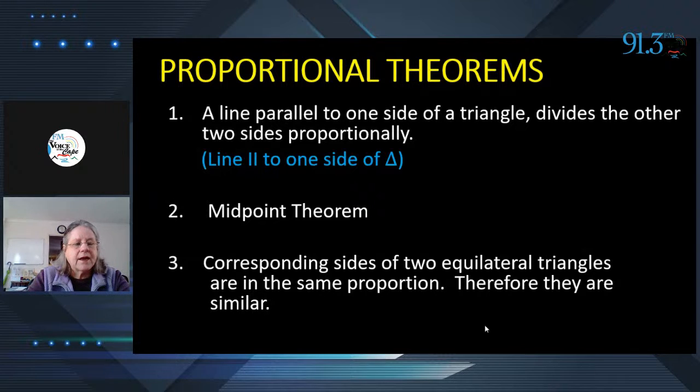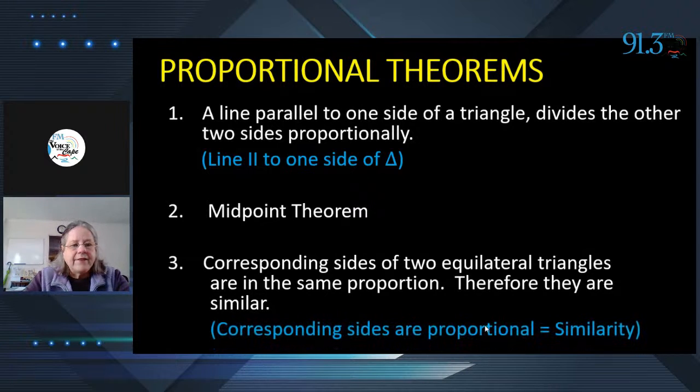And then at number 2, we would write midpoint theorem, and there's also a converse. And then with the third one, you would write corresponding sides are proportional, which indicates similarity. So that is just an English background as to what this lesson is all about.